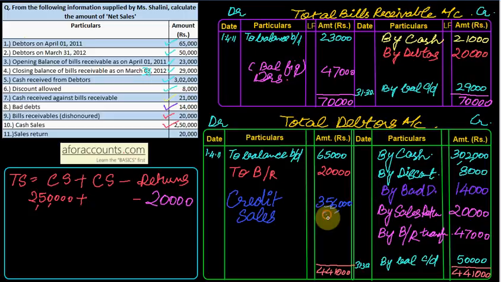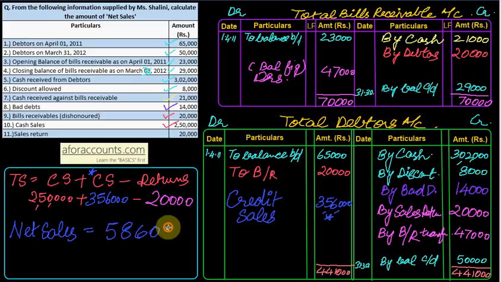Now take this figure to your credit sales, 3,56,000. 2,50,000 plus 3,56,000 minus 20,000 comes up to your net sales, and that is 5,86,000.